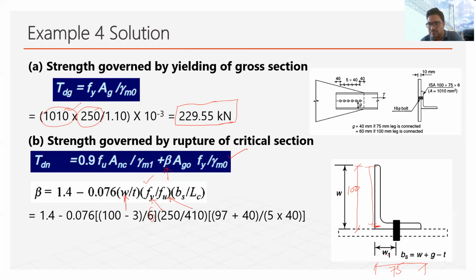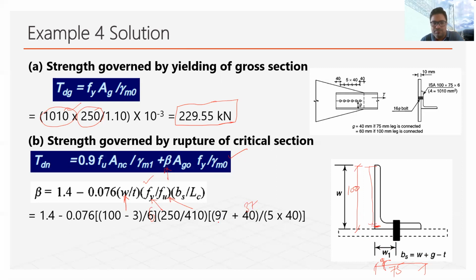W1 is basically the G value. So again, please correct this. This is basically the 37. Okay.